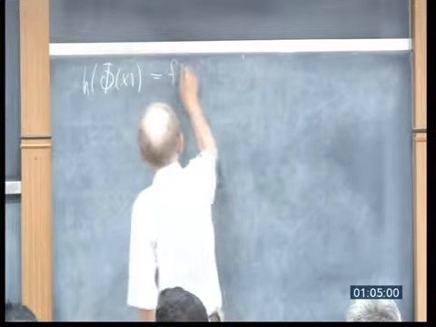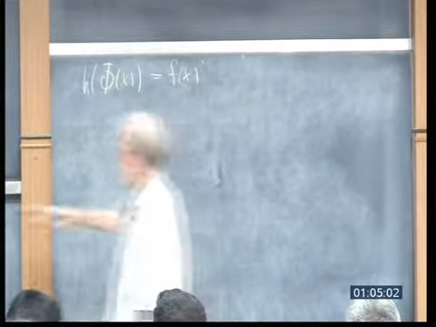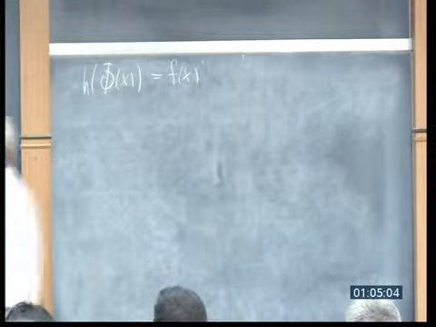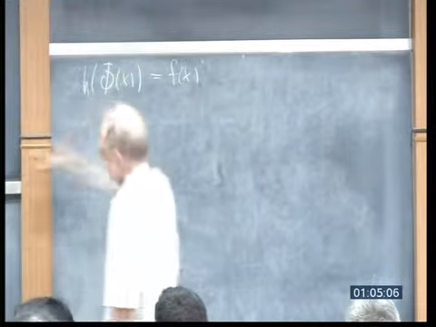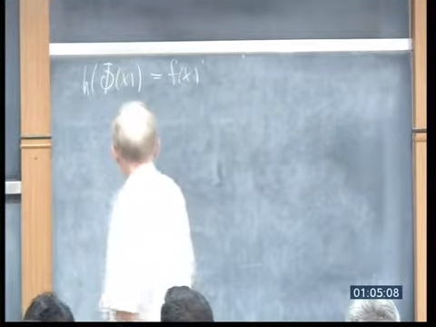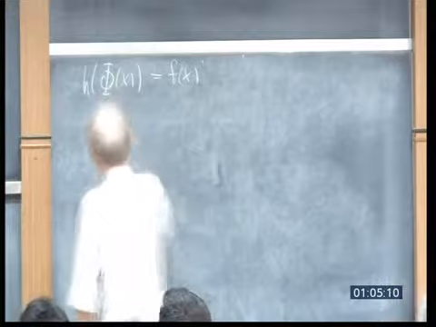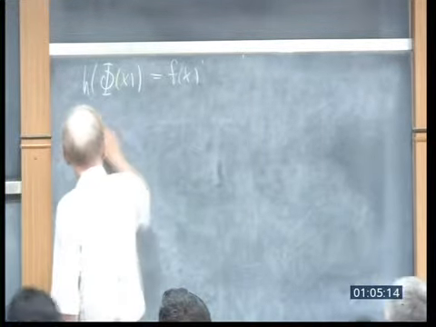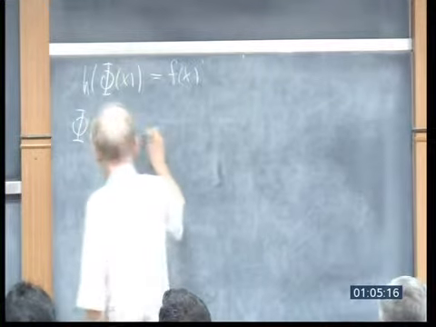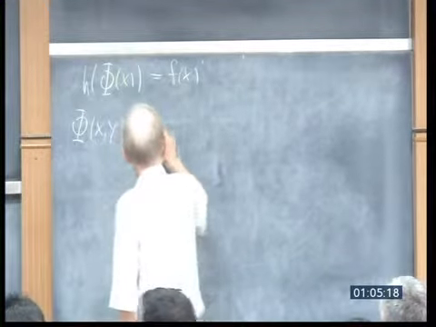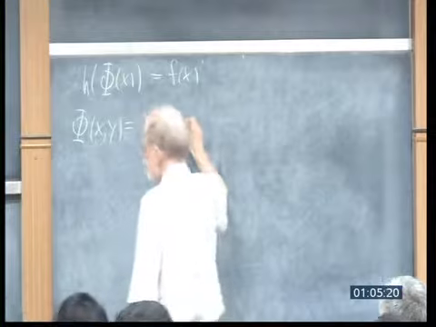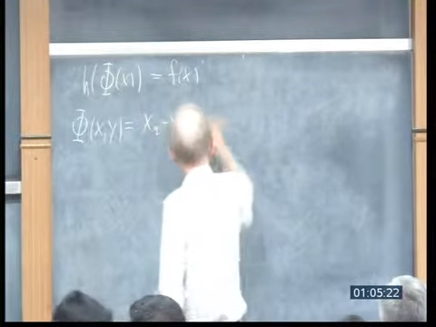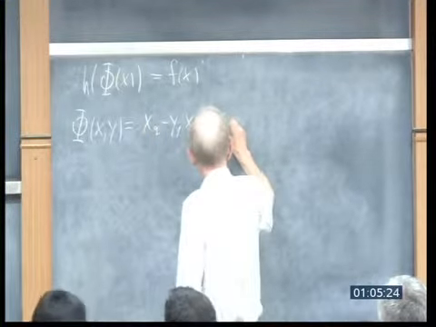And this is a special case where phi is a function of these four variables and h is a delta function. So in our case now, phi(x,y) is this: x2 minus y1 x1 minus y2.